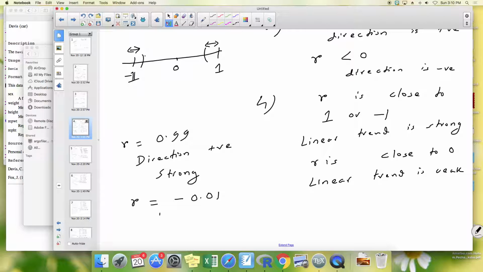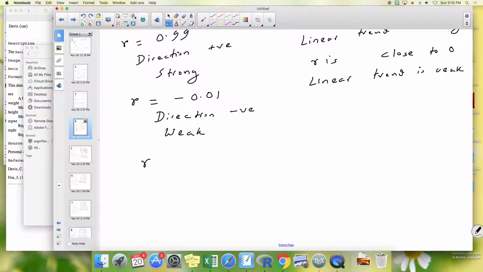In that case, direction is negative because r is negative. But how strong is it? It's weak. Linear trend is weak. Suppose r is -0.85. Then once again direction is negative. Is it strong? Yeah, 0.85 is still close to 1. It's still strong.